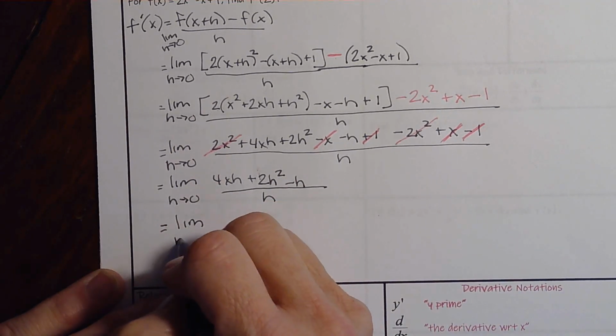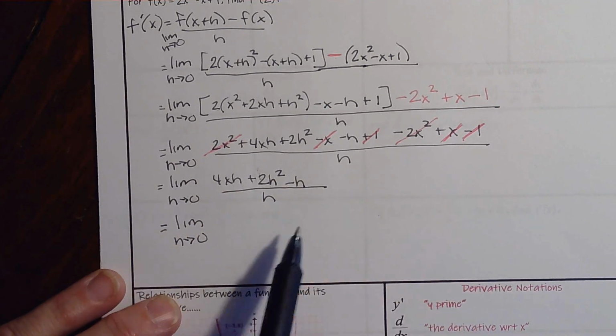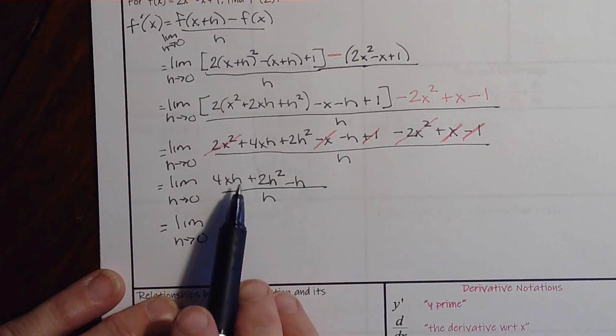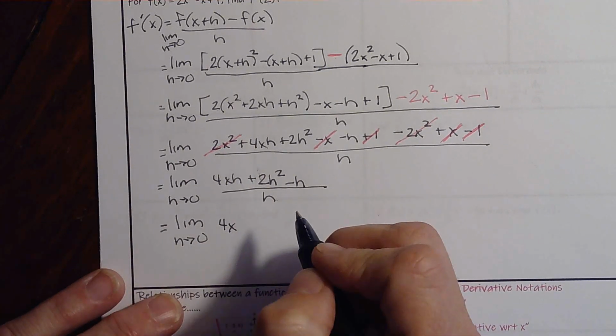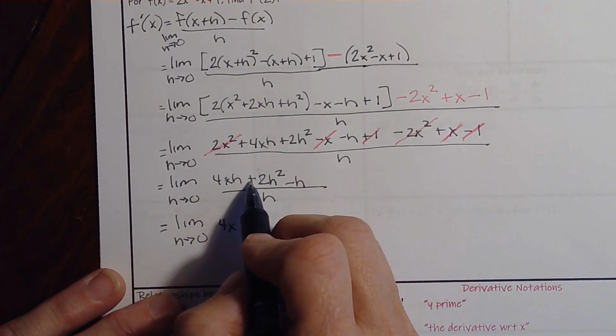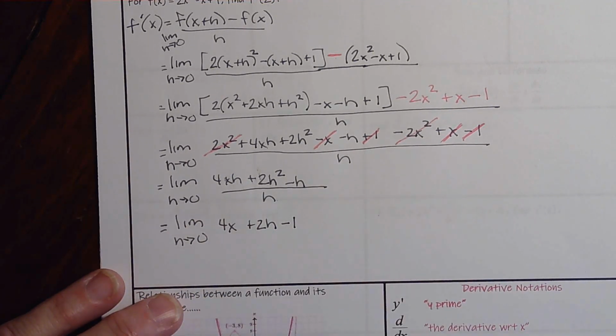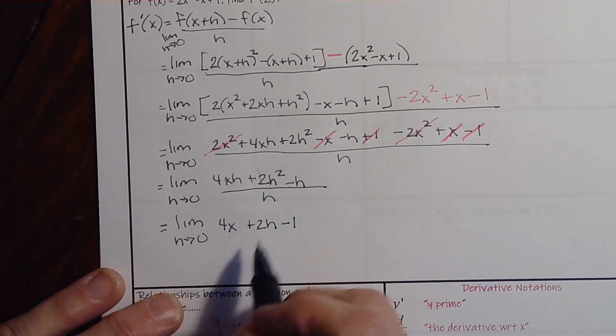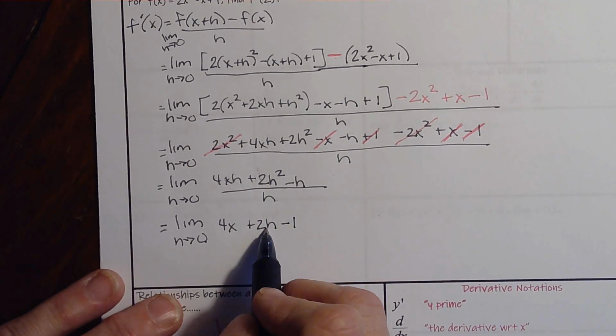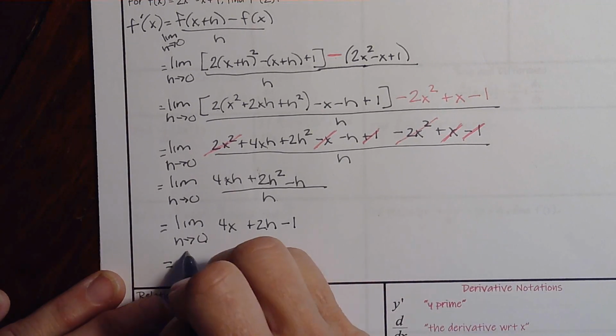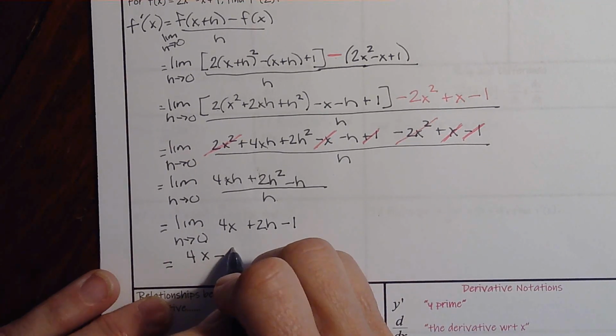And as we've done on every other problem, all 3 of these have an h that are common, so I can reduce each term by an h. So I'm left with 4x plus 2h minus 1. Please make sure that you know that that's a 1 and not 0. Now I can substitute my 0 for h, and my limit is 4x minus 1.